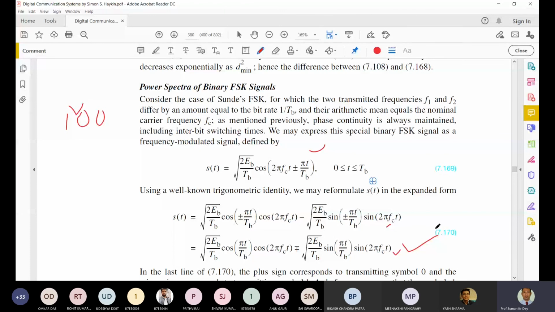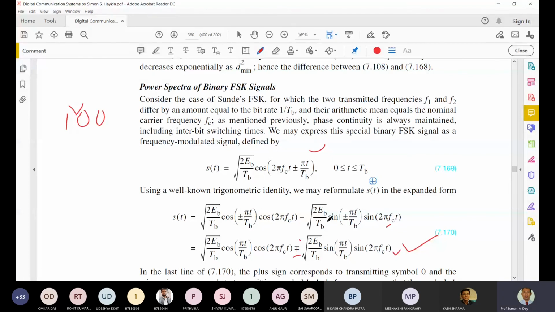Cos of plus or minus theta equals cos theta, but for the sine, plus or minus means plus or minus. So we get the minus or plus sign in the last line. The minus sign indicates when we are transmitting symbol 1, and the plus sign indicates when we are transmitting symbol 0.